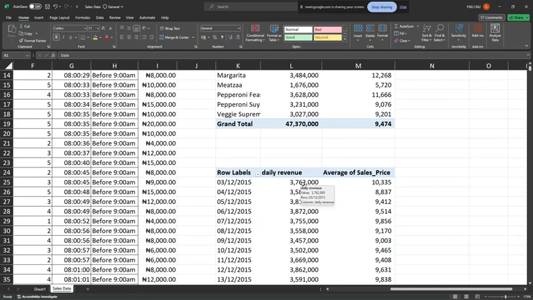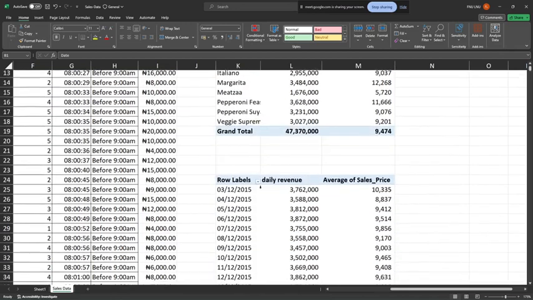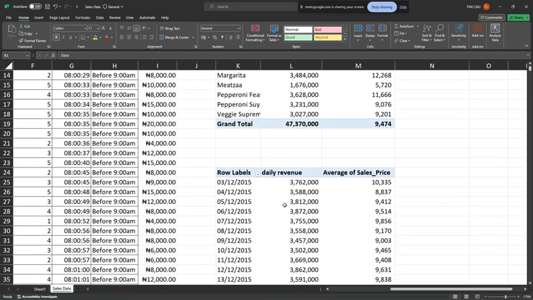But if you look at this, this is showing us for the whole period from 3rd of September to 15th of September, how much did they sell for barbecue chicken only. So this is for each type of pizza, and this is for the daily sales. By the time you calculate the total, it must be the same thing.